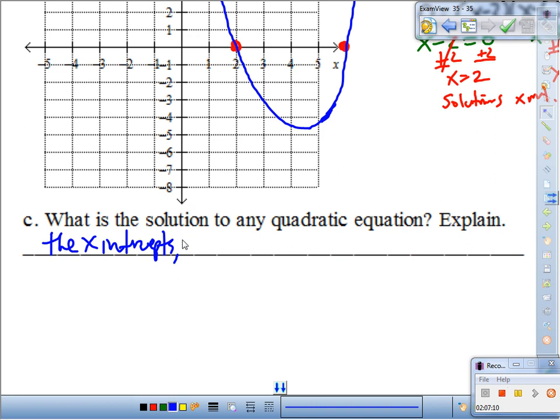Zeros. Comma, continue, Abraham, roots. Yeah, we already have that. What is the solution to any quadratic equation? So yeah, solution, x-intercept, zeros, and roots.